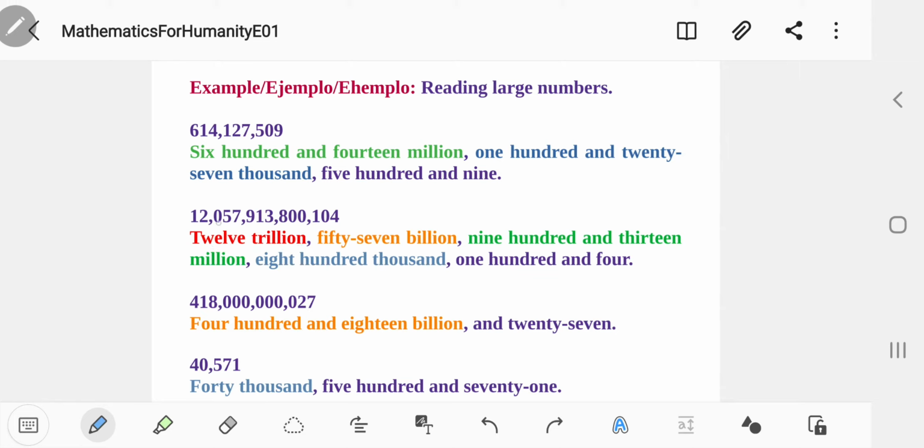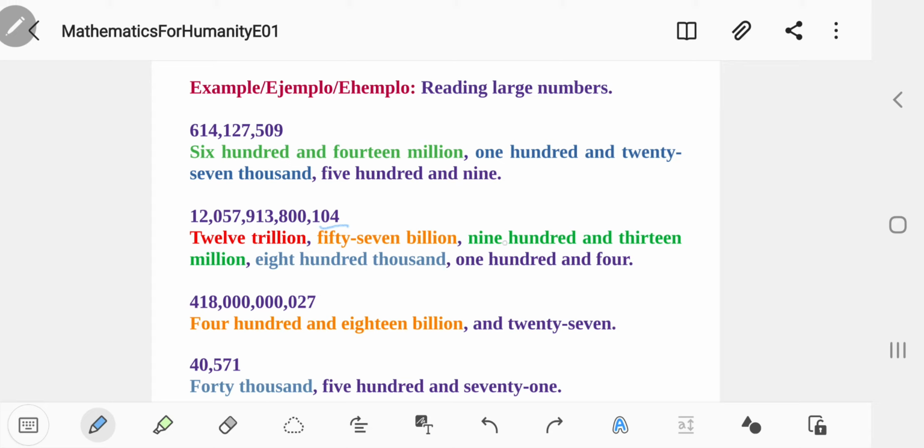And then this one is 57 in the billions place, so you have 57 billion. This one is 913 in the millions place, so that's 913 million. This one is in the thousands place, that's 800, so it's 800,000. And the last group is 104.